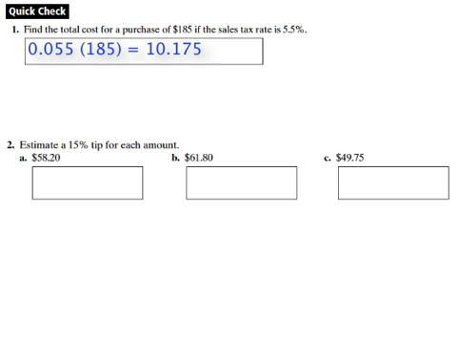Now we need to round that to the nearest cent so that we can add it to the $185. So that would be $10.18. So we have 185 plus $10.18, which is $195.18. So the total cost of the purchase was $195.18.